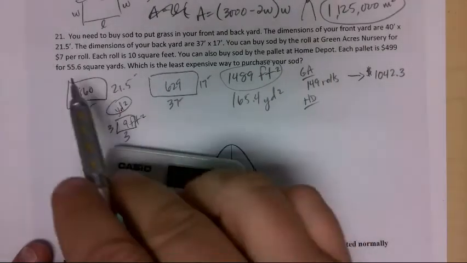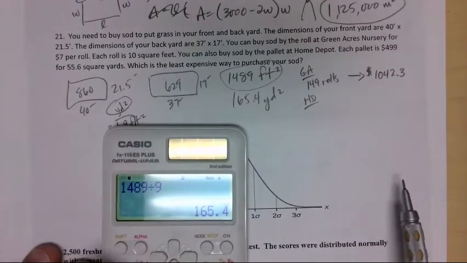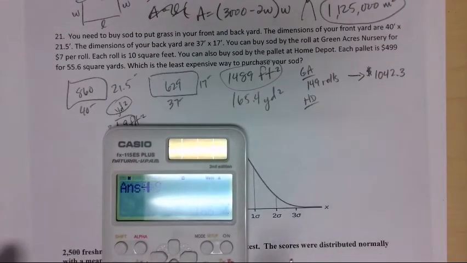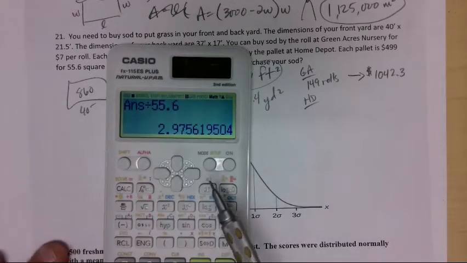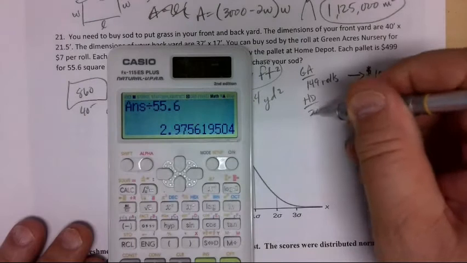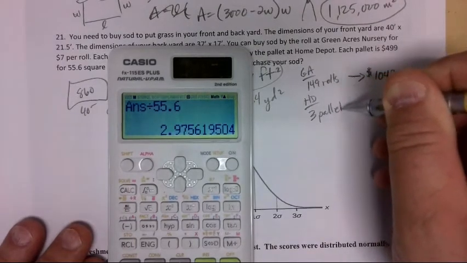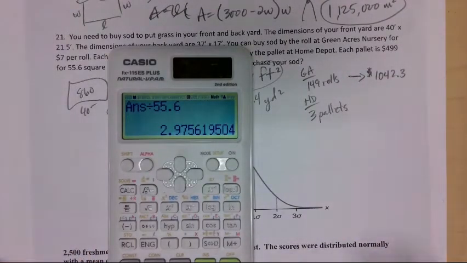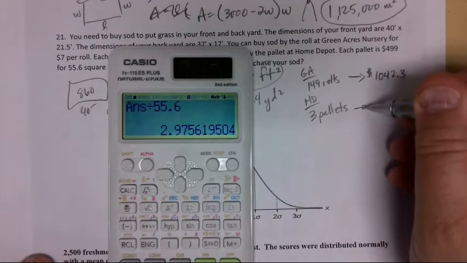And each pallet has 55.6 square yards. If I divide by 55.6, I need 2.97, which is close enough to 3 because I'm not going to be able to buy a piece of a pallet. 3 pallets.